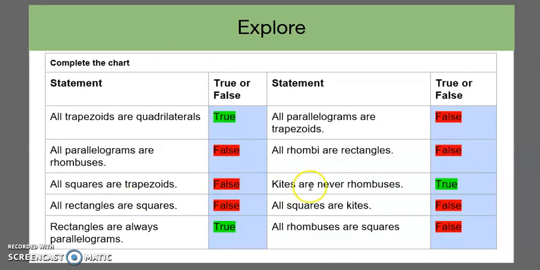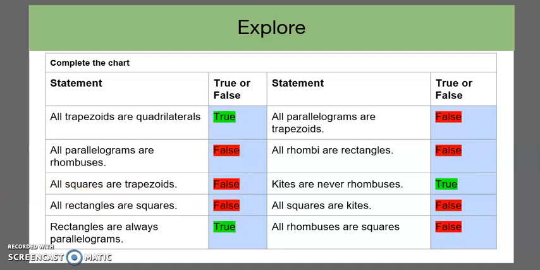Also, when looking at these statements, sometimes it helps to read it the other way around. For example, all trapezoids are quadrilaterals. That's true. But what happens if you flip it? All quadrilaterals are trapezoids? That would not be true. So you can use that as a strategy in answering these questions.